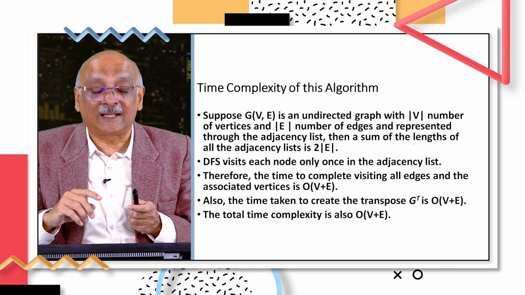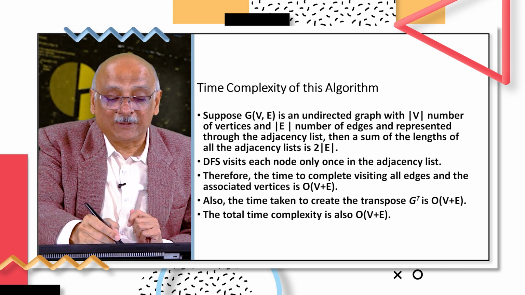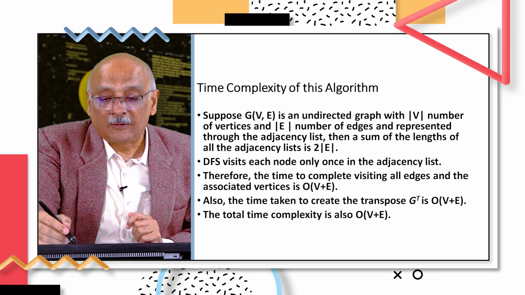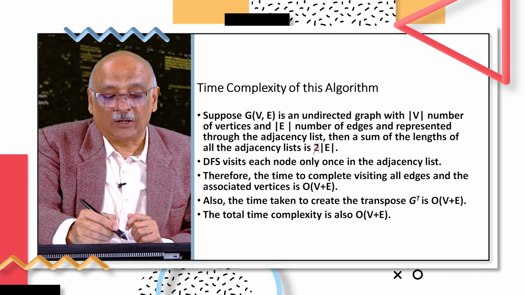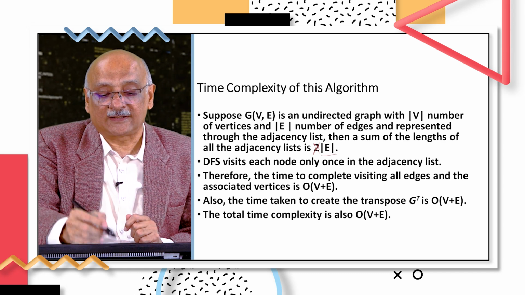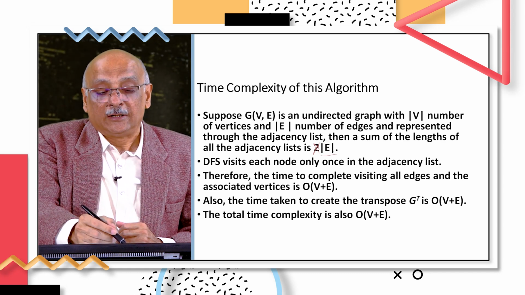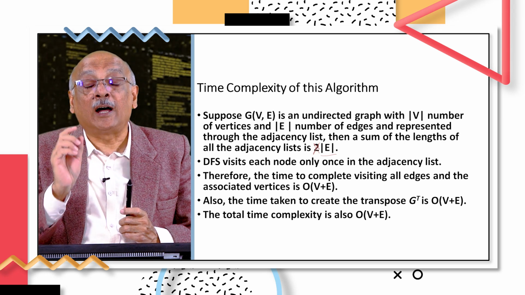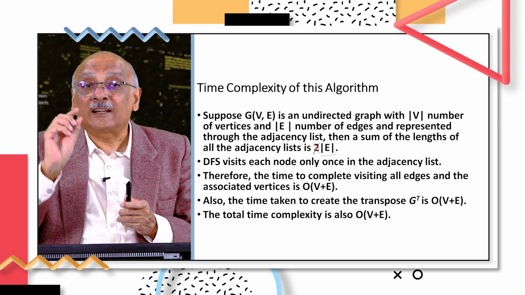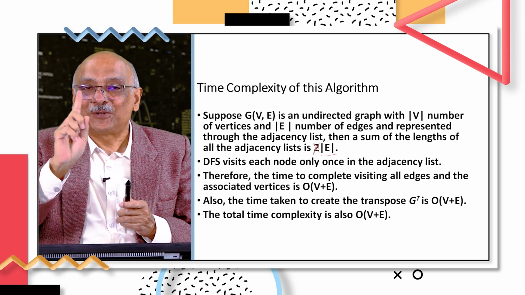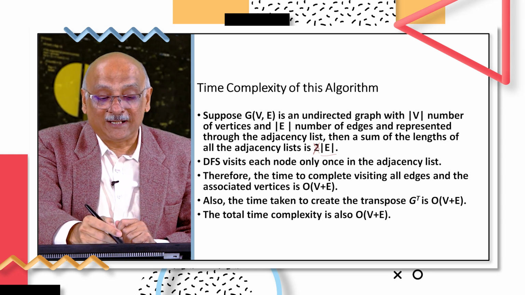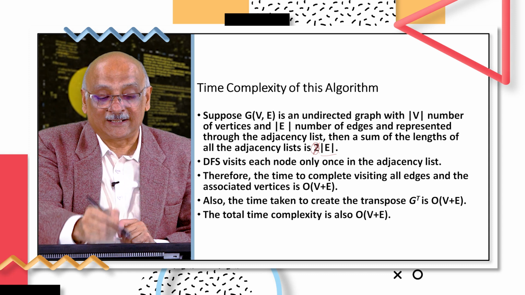But in this particular case, even this 2 is not going to be there, because that 2 was the case when we were dealing with undirected edges. These are directed edges, so they will be represented only in one list. They will not appear in two lists. So this 2 is incorrect.